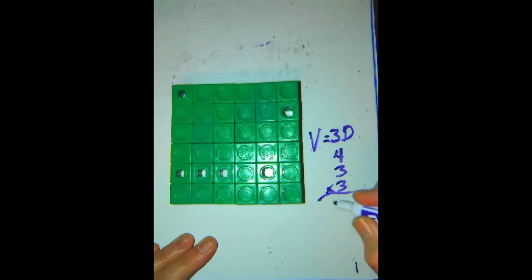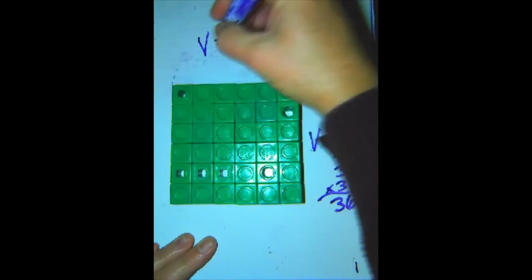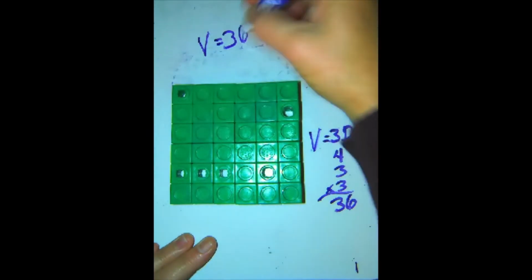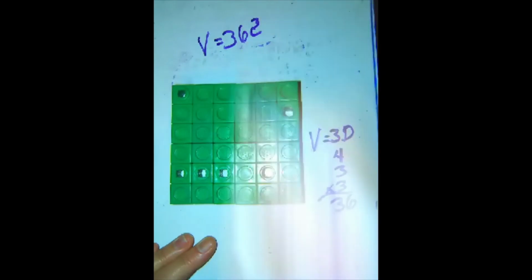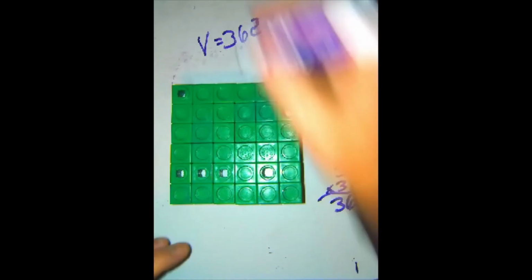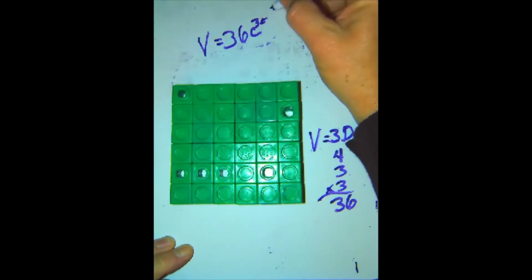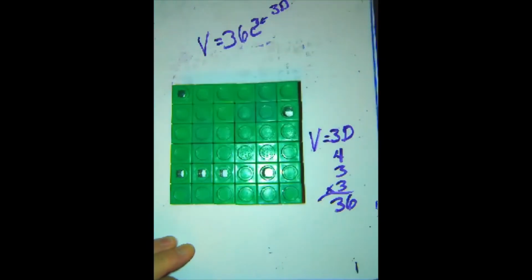So our volume for this number of cubes was 36, and the units, I'm going to call this a C to stand for cube, would be C to the 3rd power. When you take your measurements, you will notice that the 3rd power is a clue that it's a 3-dimensional figure. That'll help you tie that together for your students.